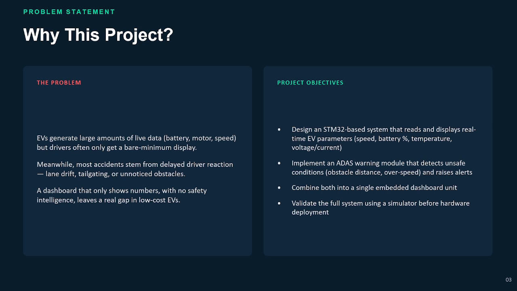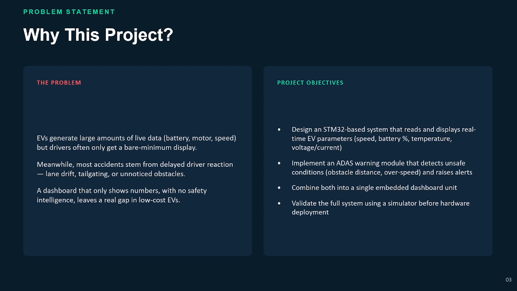So why this project, right? The thing is, most low cost EVs today have dashboards that are pretty basic, and they just show you some numbers like speed or battery percentage, but there is no real safety intelligence built in.